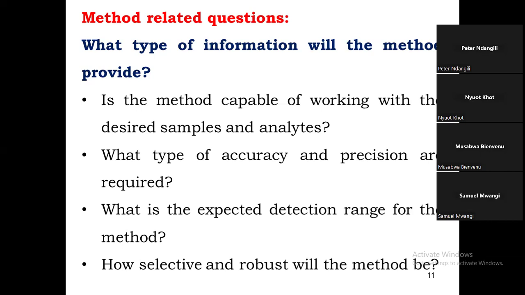And how selective and robust will that particular method be? Again, as I said, I'll be talking briefly about some of these things. For example, detection range, selectivity, sensitivity, because these are figures of merit, which I also mentioned a while ago for you to evaluate your analytical method.